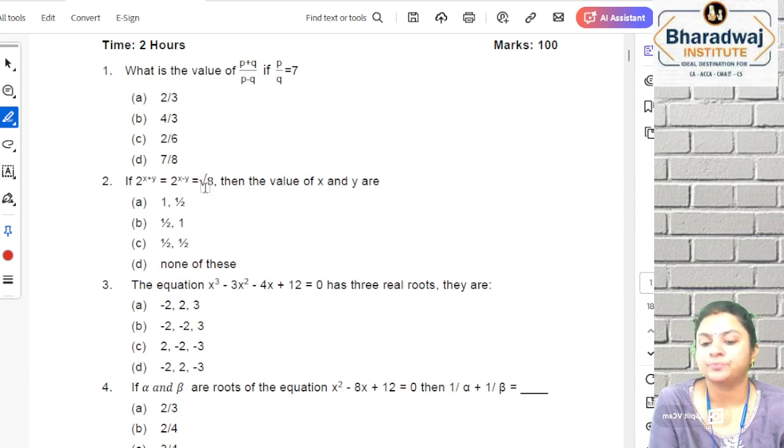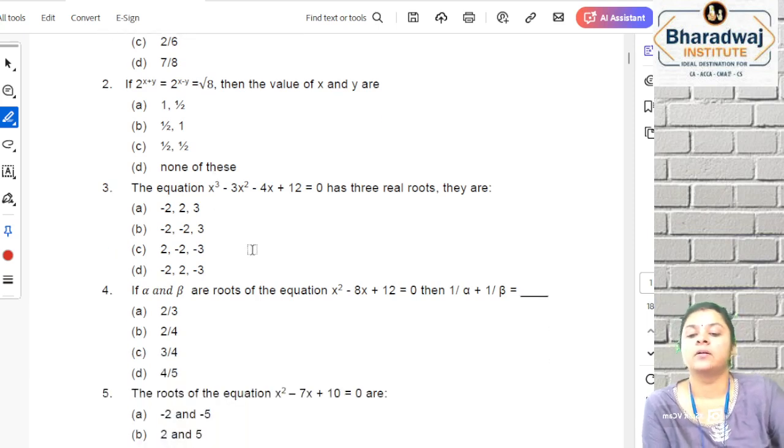Now when the bases are equal, you can equate the powers. x plus y equals x minus y, which equals 3 by 2. None of these. Got it?